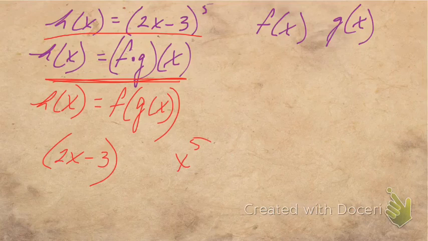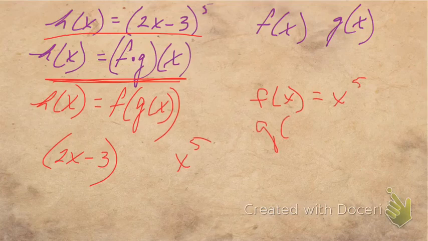Okay, so let me give you the answer so that you can see maybe how we got there. What I'm saying is that f of x had to equal x to the 5th power, and g of x had to equal what was inside that parenthesis. Okay, in fact, I'm going to put it in parentheses there.